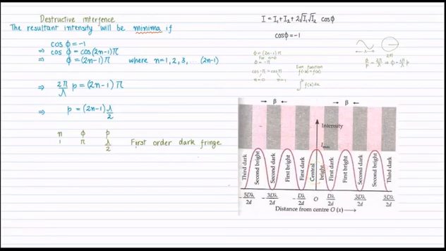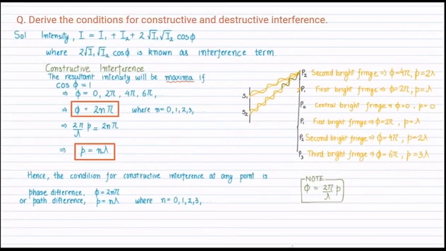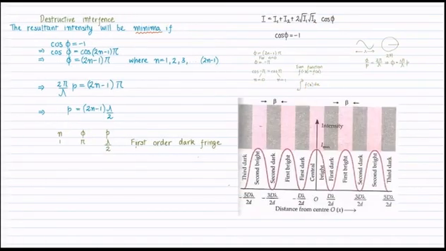And here, then you have the corresponding n equals to 1. So the next successive one, can you see this one? This is your first bright fringe. Fine. So the one which is n equals to 0 is central bright fringe, and n equals to 1 is your first bright fringe. But in case of your dark fringes or your destructive interference, since there is no n equals to 0, therefore we don't get a central dark fringe. Fine. So we start from first dark fringe.